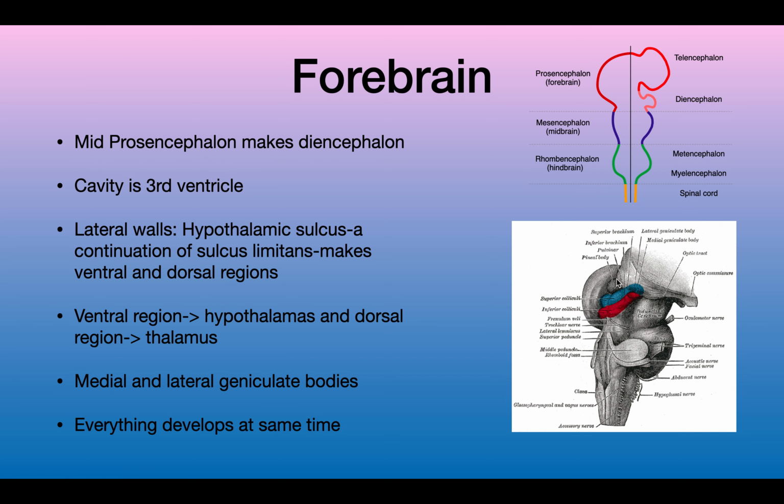Ventral region is going to be the hypothalamus, and the dorsal region is going to be the thalamus. And that will create the medial and lateral geniculate bodies. And it's important to keep in mind, all of this is happening at the same time. So while the forebrain is being formed, the tegmentum is being formed, the mammillary bodies, all those are being formed.